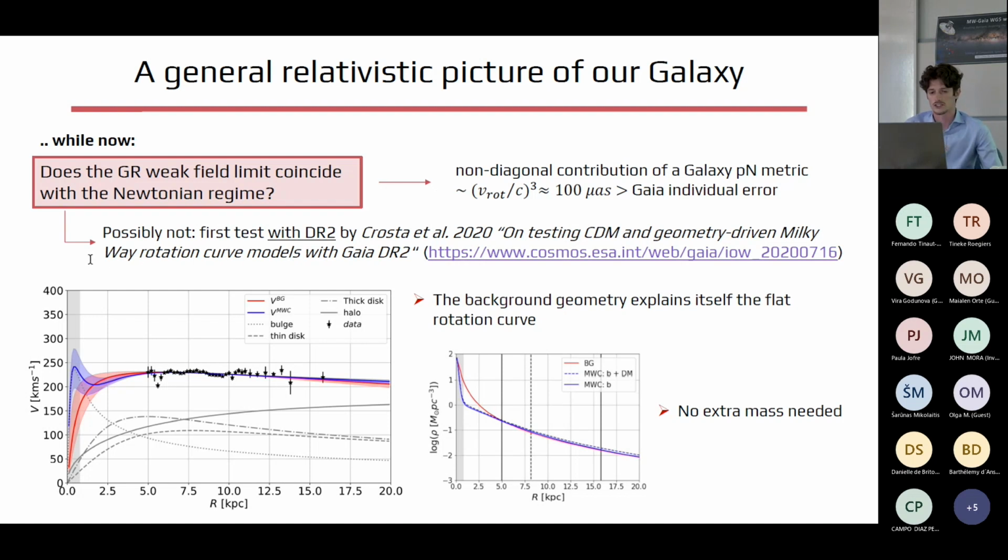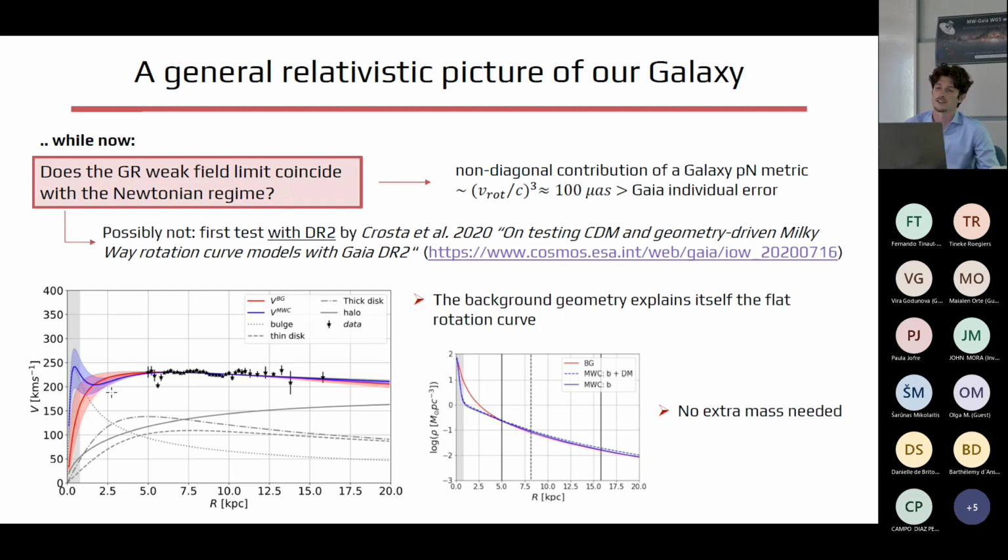Our collaborators tried to answer this question for the first time using a general relativistic model for our galaxy and using Gaia Data Release 2. The answer would appear to be negative, since the flat rotation profile can be reproduced in a way that is statistically equivalent to that expected from the most recent models with dark matter.